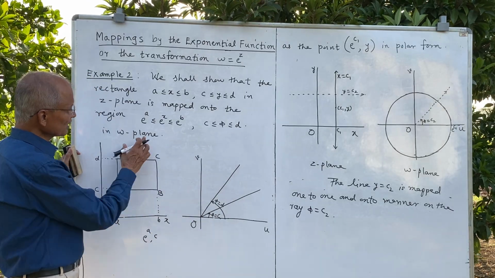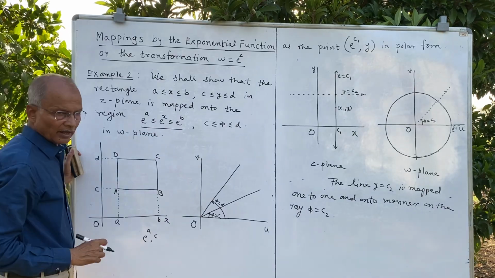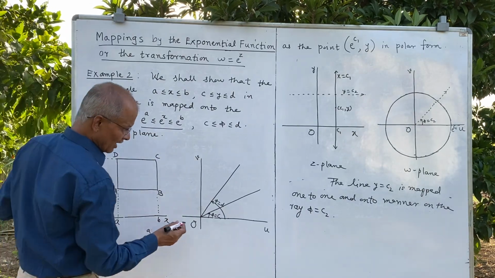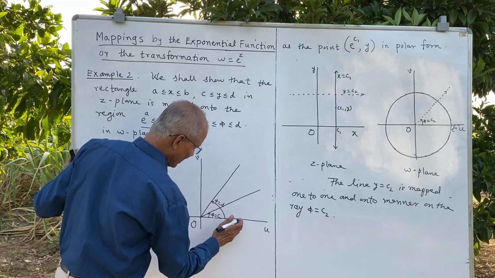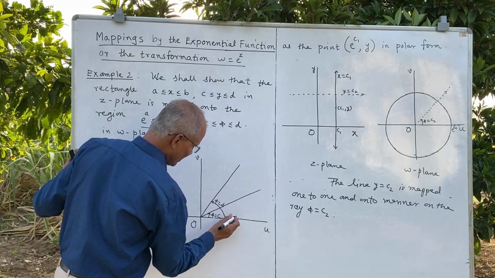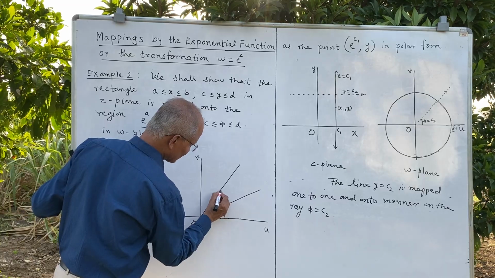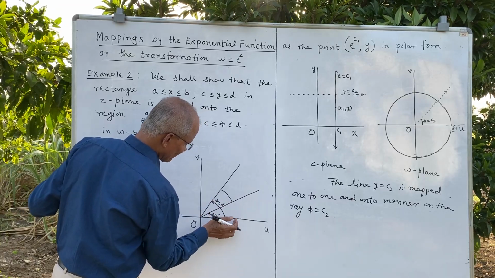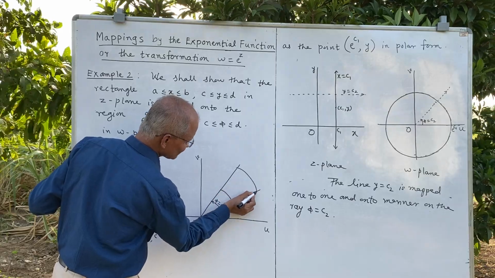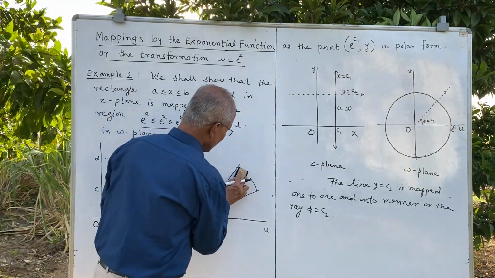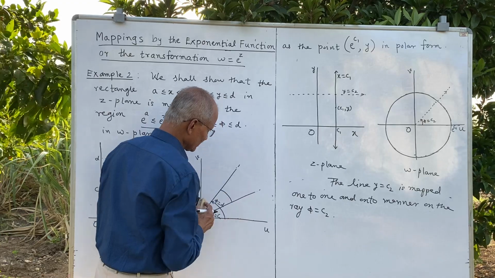And what about these exponential functions? e power a, we may consider this as e power a, and we may have this as e power b, and therefore this will be the arc e power a, and e power b will be this arc of radius e power b.